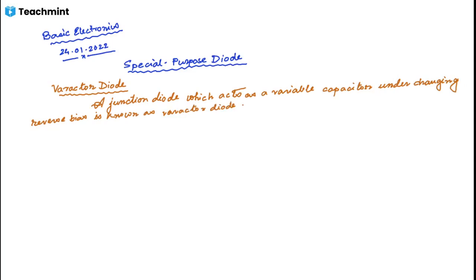So this is the actual definition of a varactor diode.